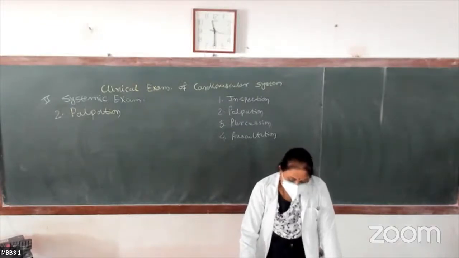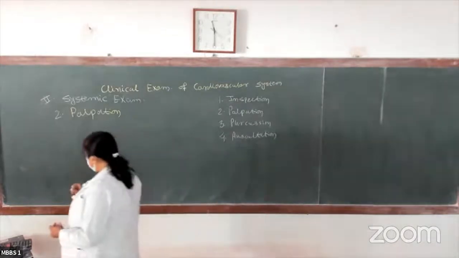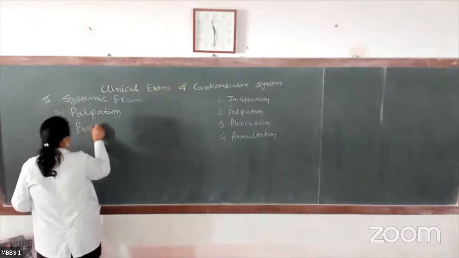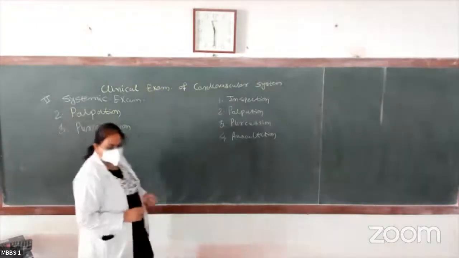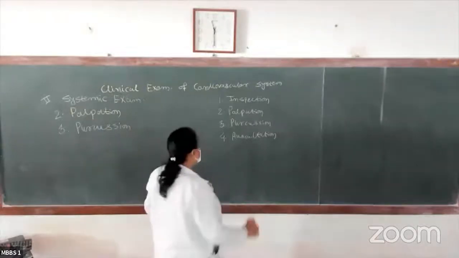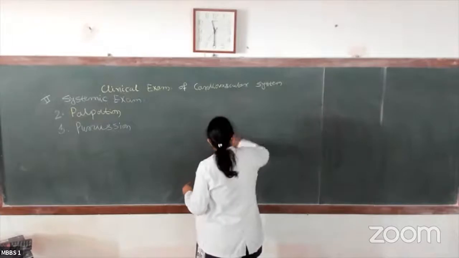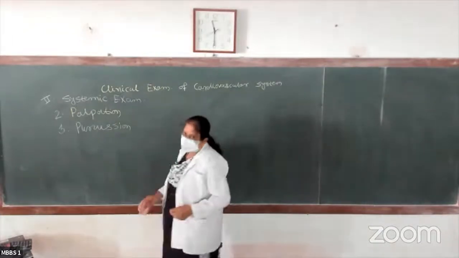Then next is percussion, percussion for the cardiac border: the left cardiac border and the right cardiac border. Percussion means tapping. Inspection means observation. Palpation means touch, by touching or feeling. And third, percussion means tapping.